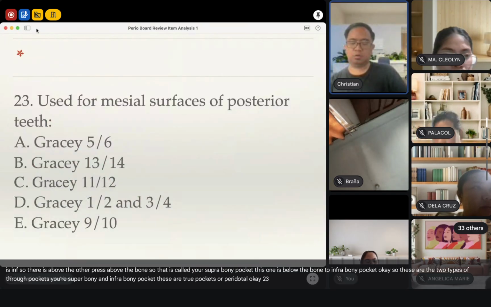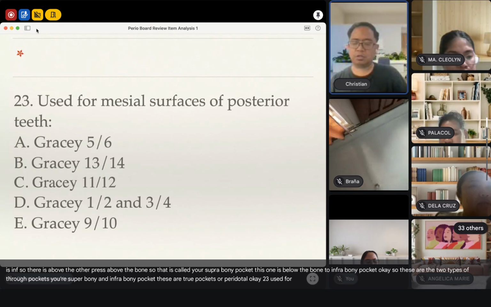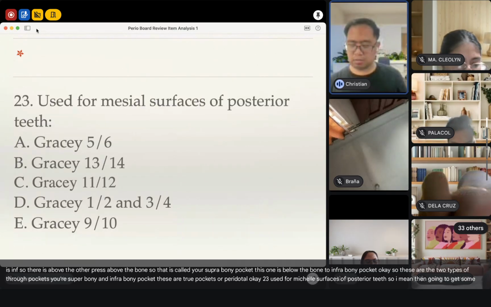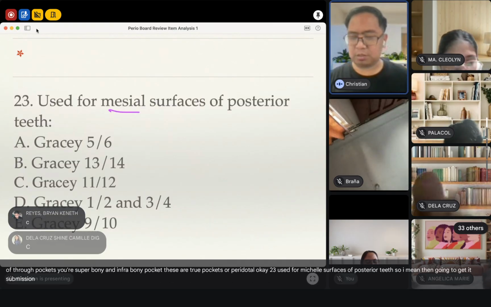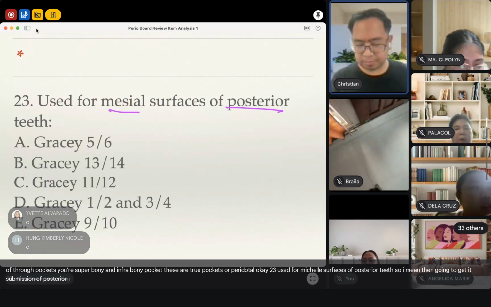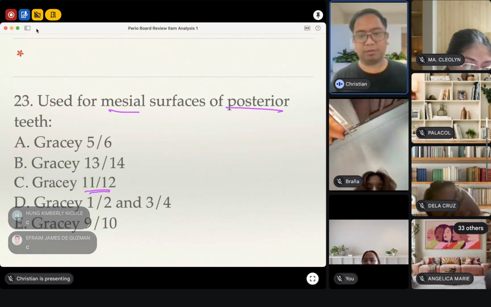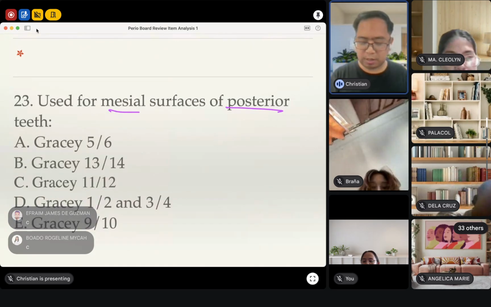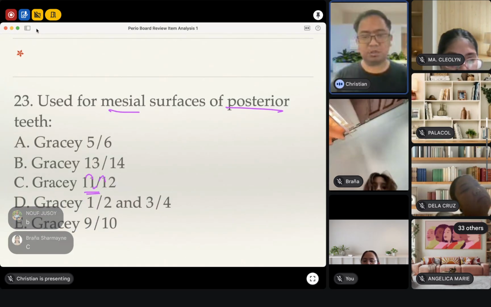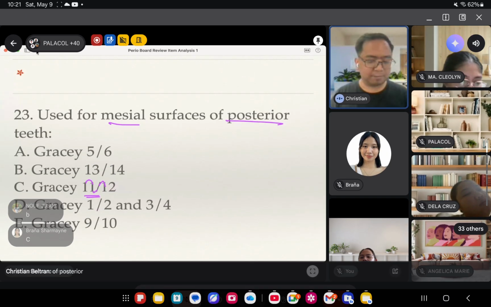23. Used for mesial surfaces of posterior teeth. So alin din ginagamit sa mesial of posterior? 11, 12. Diba? Sabi natin, if you can make a letter M, that is mesial of posterior.